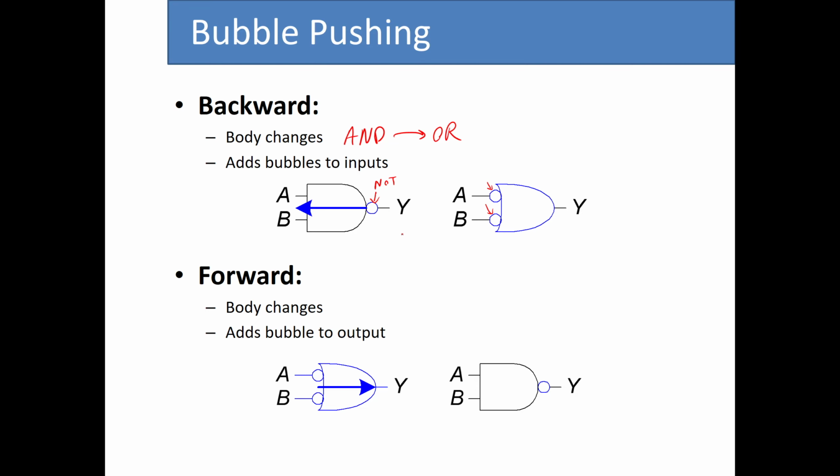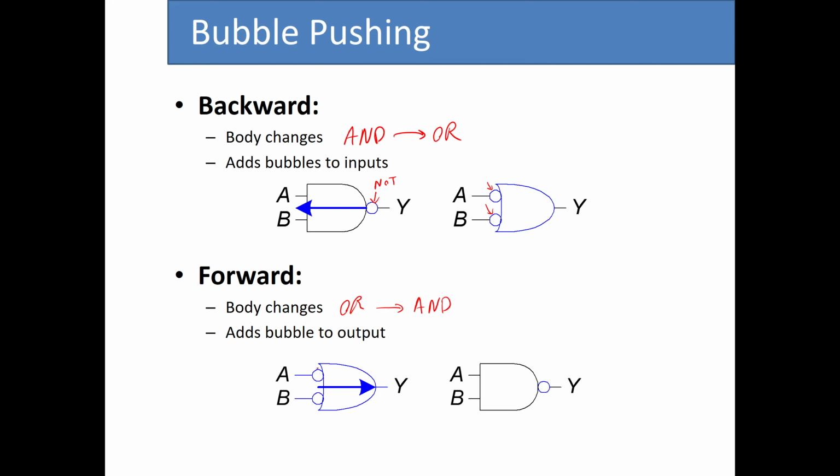For the forward bubble pushing, we have bubbles at the input of an OR gate. When we push the bubble from the input to the output, what happens is that the body of the gate changes. So if it's an OR, it becomes an AND. And then we have to have bubbles at the output of the gate too.